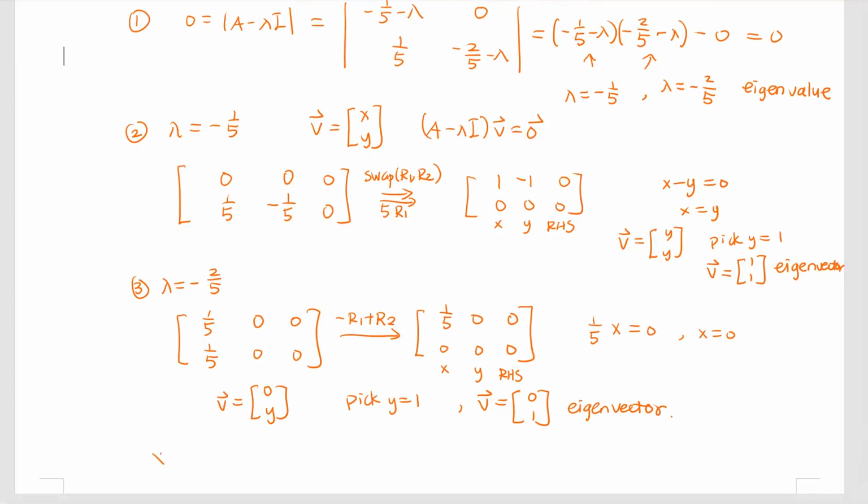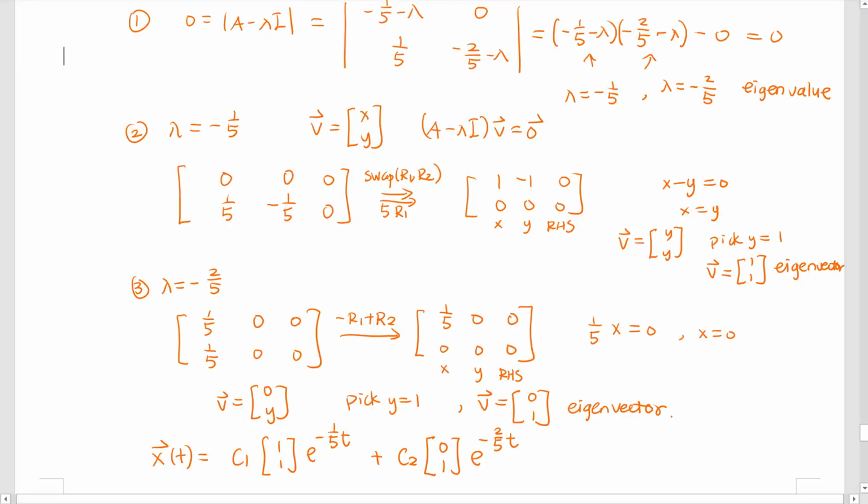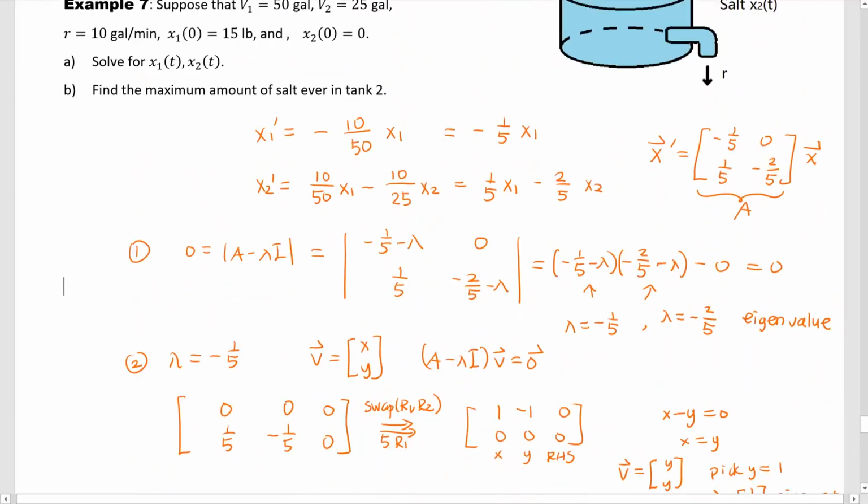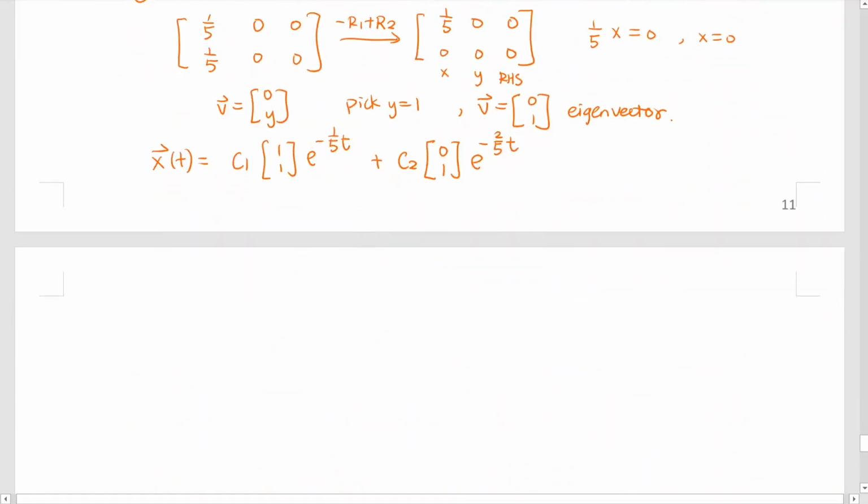So we can set up the general solution: C1 times the first eigenvector (1, 1), corresponding to the eigenvalue, e to the negative 1/5 t, plus C2 times the eigenvector (0, 1), corresponding to the eigenvalue, e to the negative 2/5 t. That is our solution, but because we have initial conditions, x1 is 15, x2 is 0, we plug in 15 and 0.